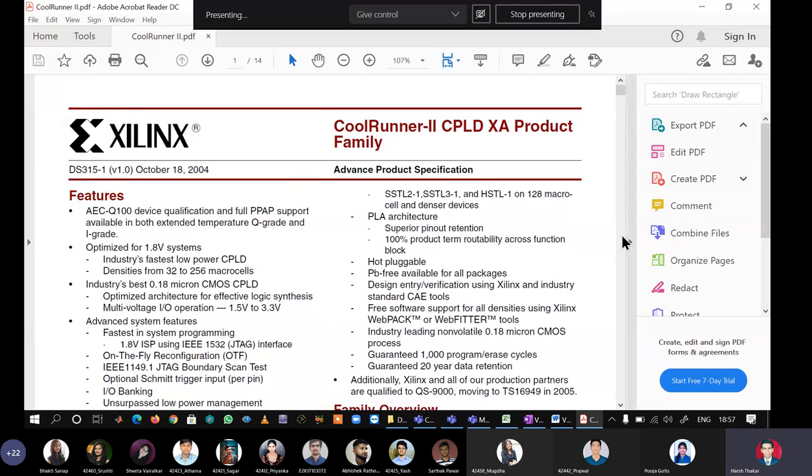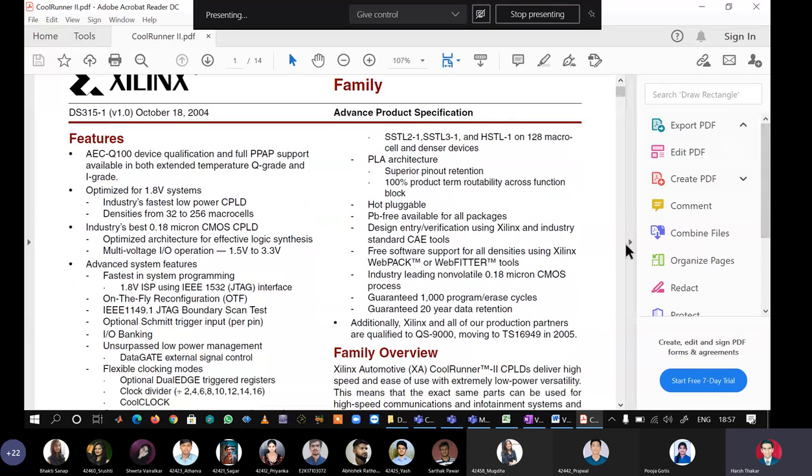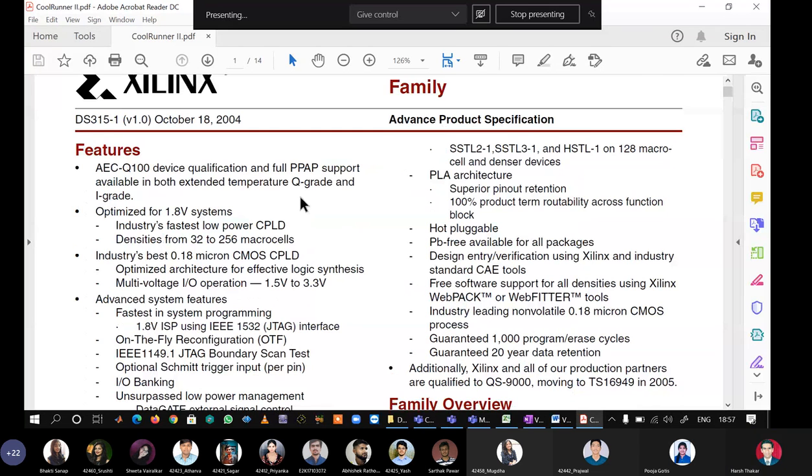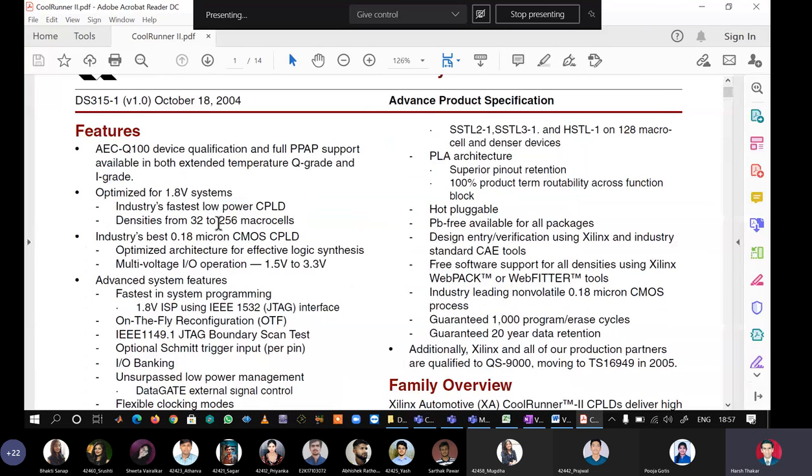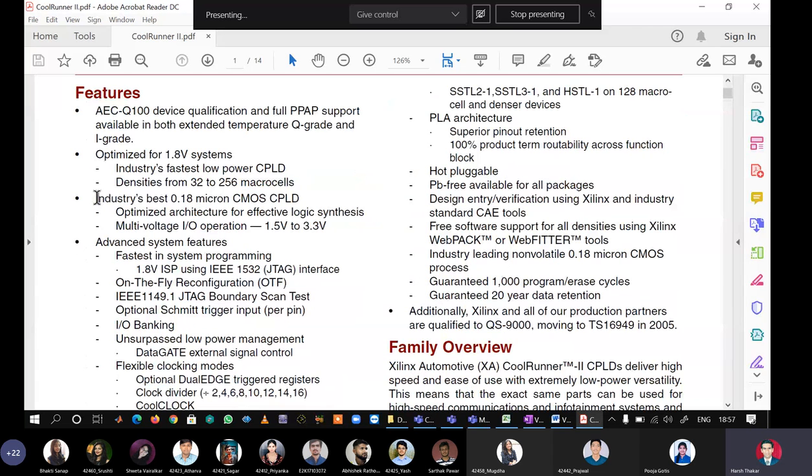Cool Runner 2 is also called XPLA, extended PLA. You see here higher densities, 256 macro cells, CMOS CPLD. It is manufactured using 180 nanometer technology at that time.